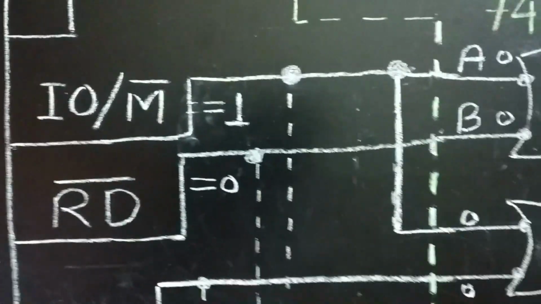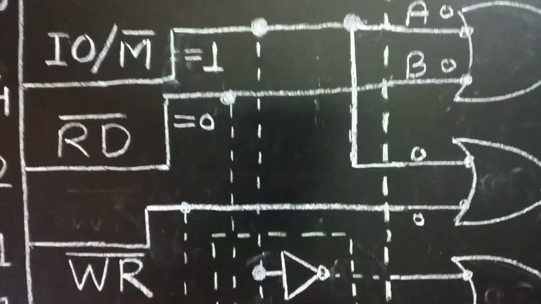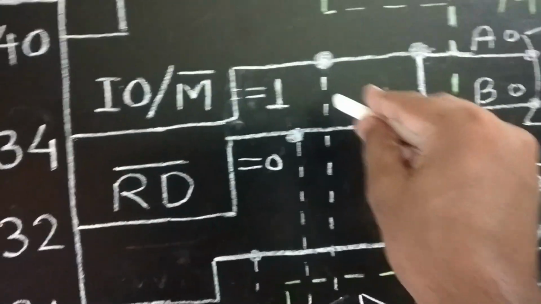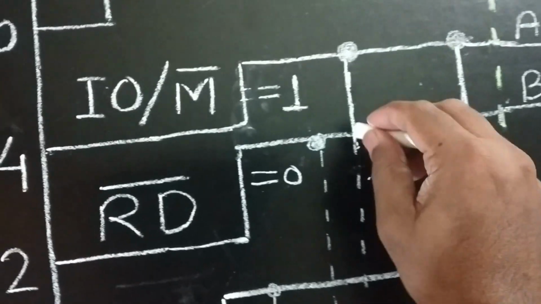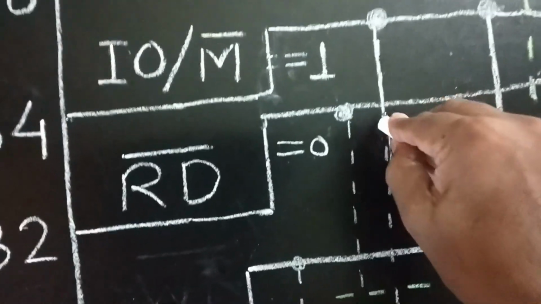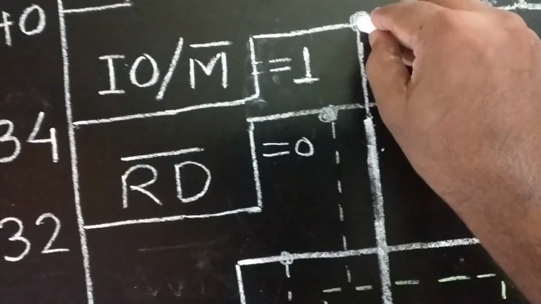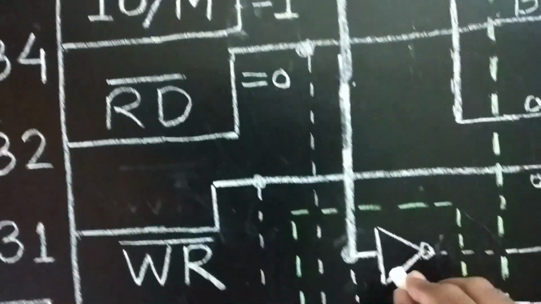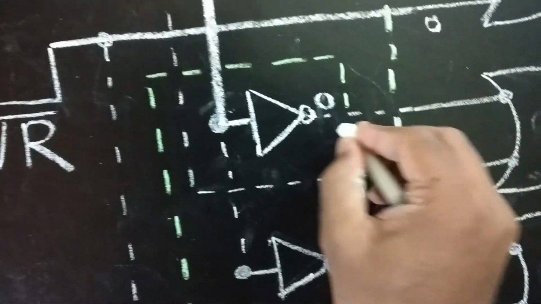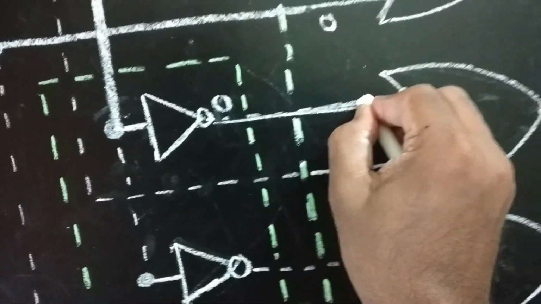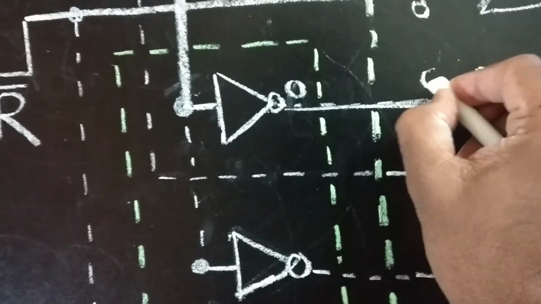When this is 1, and when we have to perform the IO operation, this 1 must be inverted. That means this must be connected through an inverter. If this signal 1 is applied to the inverter, we will get 0 here, and this should be connected to the third OR gate.